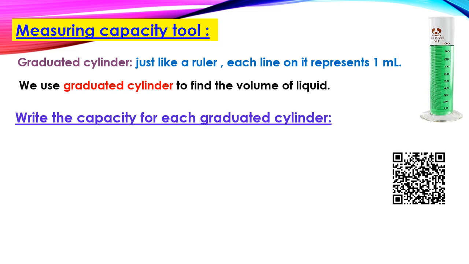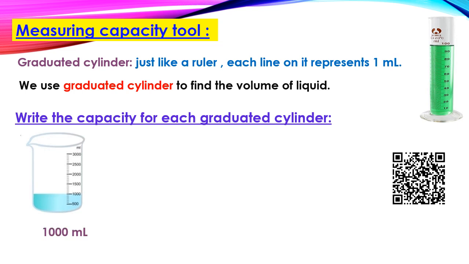For example here, write the capacity of each of the following. Here we have a container and it has a liquid. We wanted to know the volume of this liquid. The end of this liquid is at which number?